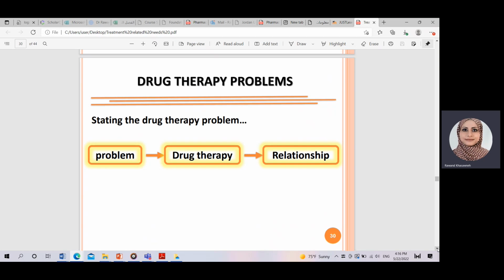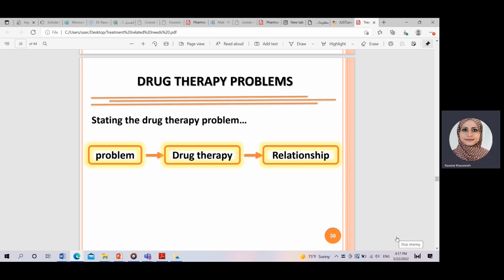So is the problem actually a consequence of drug therapy, or is it caused by the medication used? If there is an established relationship between the problem and the drug therapy, then you have to intervene and either add or modify the therapy to resolve or prevent the undesirable event. And this demarcates the responsibilities of the healthcare professional.